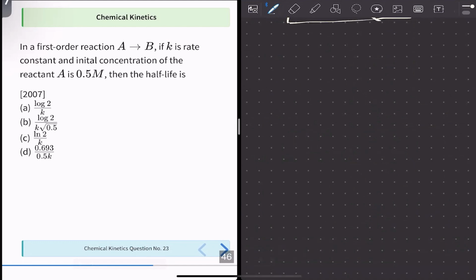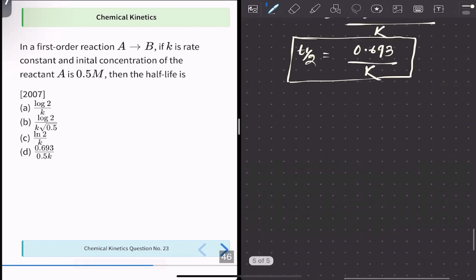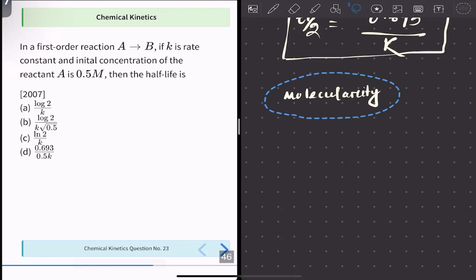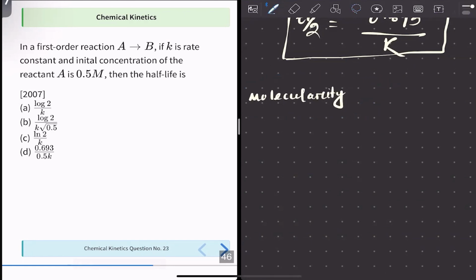Question number 24. Before that, I want to tell one concept of molecularity and order of a reaction. So what is molecularity?